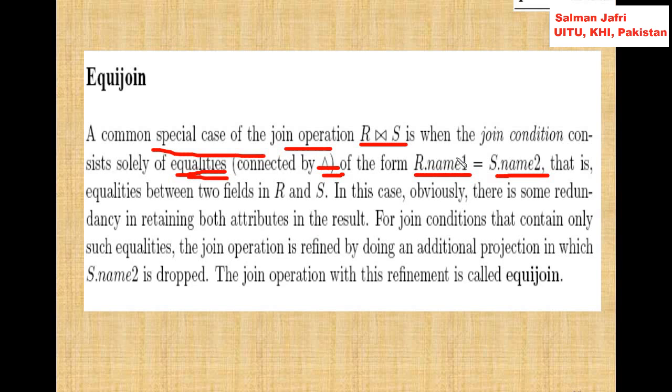What does it mean? This attribute is equal to this attribute, so it would be redundant to display this attribute as well as that attribute in the answer. So what do we do? For join conditions that contain only such equalities, the join operation is refined by doing an additional projection in which S.name2 is dropped, and this join operation is called equijoin.